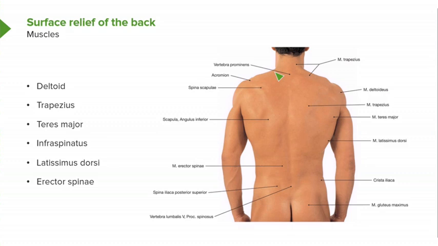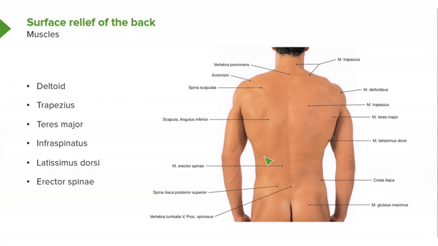We also have the teres major that provides muscular relief. And so it's this rounded bulge that we see right in through here. And then we also have below the spine, right in through here, the scapula, and running a bit deep to the trapezius here more medially, we also have the infraspinatus region.